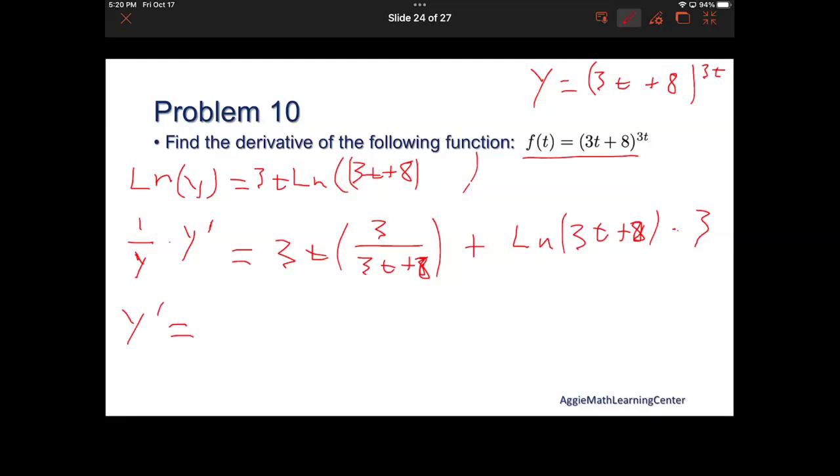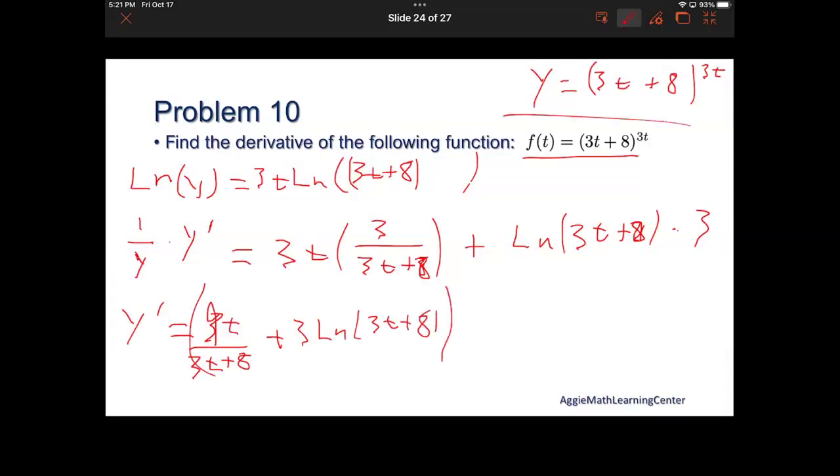So we're going to be left with 9t over 3t plus 8, plus 3 ln of 3t plus 8, all multiplied by y.